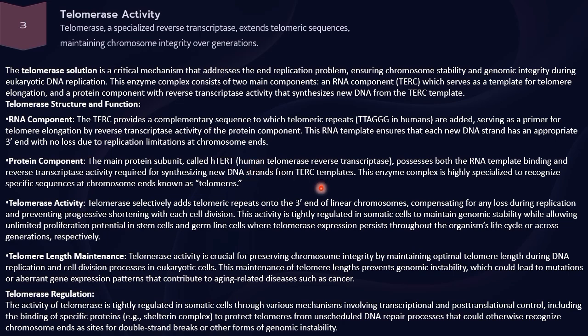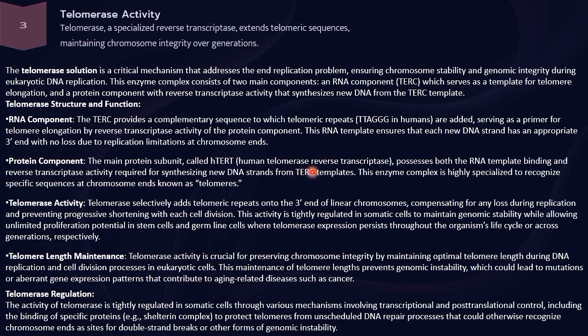So the RNA component of the telomerase enzyme, that is TERC, acts as a template strand which is complementary to the telomeric sequence or repeat, that is TTAGGG in humans, serving as a primer. So this component acts as a template for the synthesis of DNA by the TERT protein, that is telomerase reverse transcriptase.